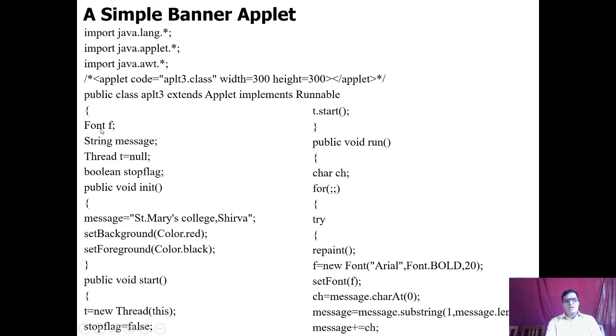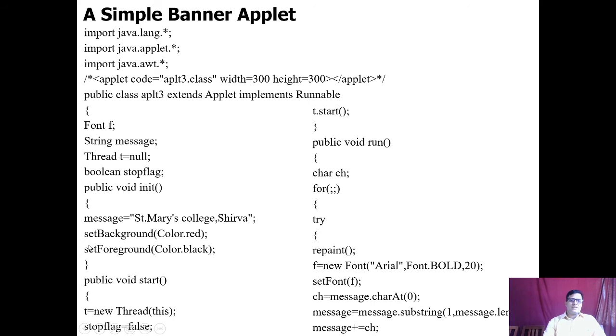First let us understand this program. Now what you are doing here: Font f, you are declaring the font object. This is a built-in class, and for this Font class you are declaring the object f, and you are creating a String variable, message. The Thread object you have declared as null. For the Thread class, since you are using implements Runnable, you are taking the object t and assigning it as null. And stop flag is a boolean variable. Now you are initializing in the public void init method. By using this public void init method, you are initializing the content.